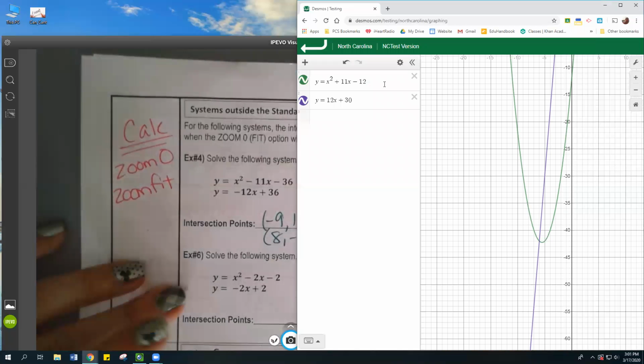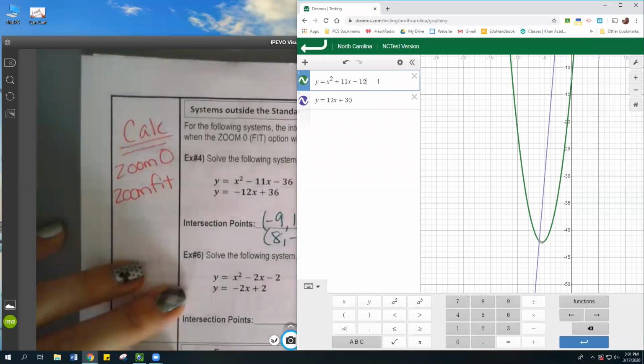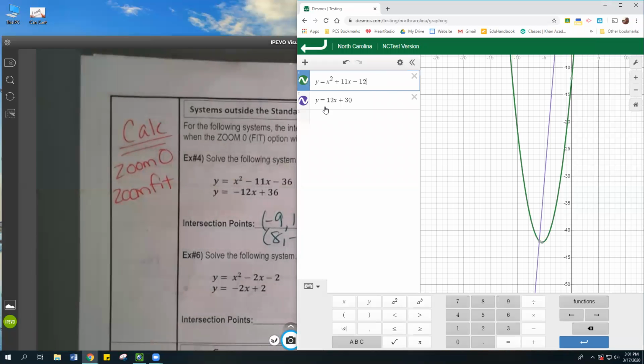There are going to be things later on that we do where it's just better to punch things into your calculator. While I have this open, I want to show you how I can look at a table of values. I'm a table of values girl in my calculator. I really like the functionality of that, and you still have that here in Desmos.